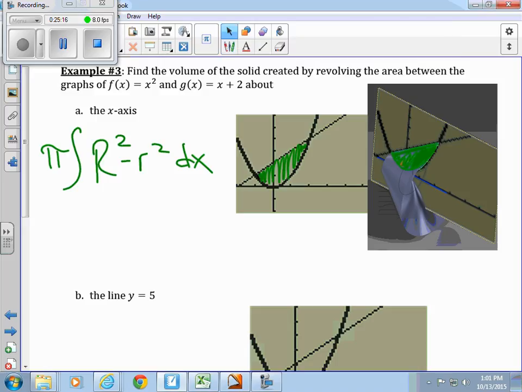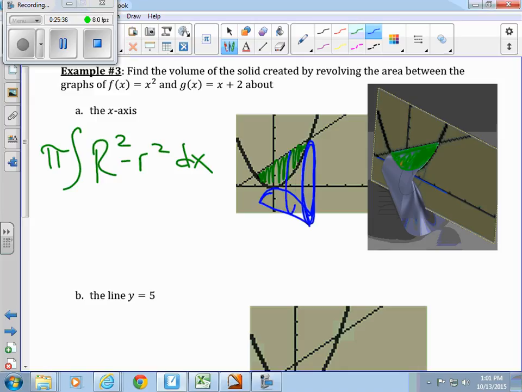So if I am spinning this thing around, on each place I have an outside and an inside radius, right? I have a little washer in here.